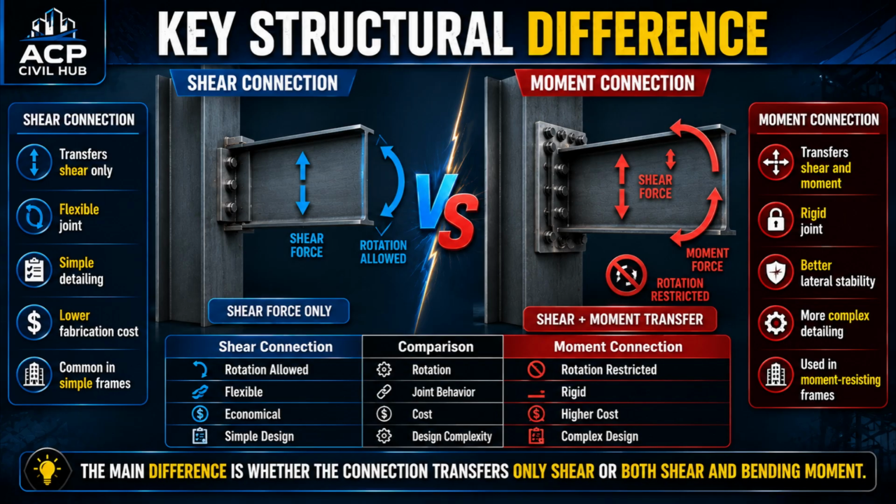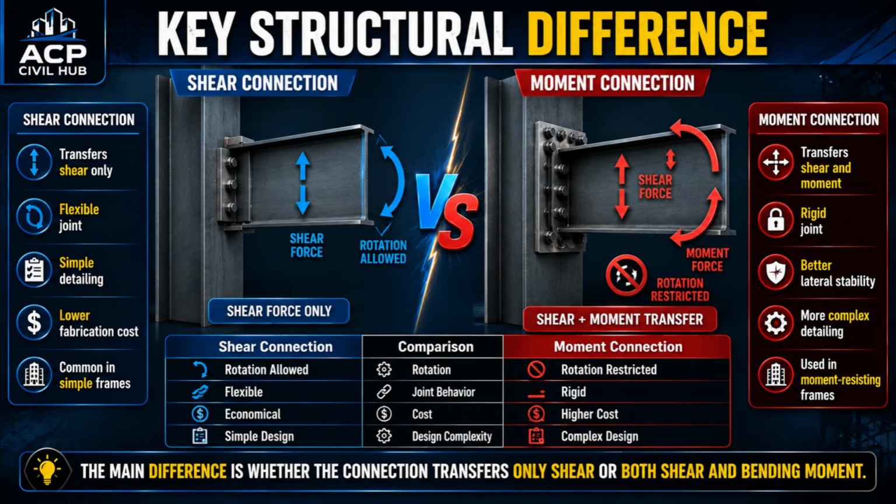There are several types of shear and moment connections used in steel structures. Common shear connections include fin plate connections, angle cleat connections, and shear tab connections. These are mainly used when rotation is permitted and only shear forces need to be transferred.